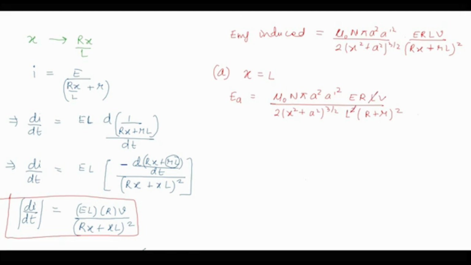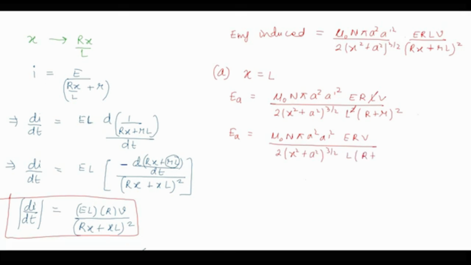On cancellation, we obtain that the EMF induced in this part is equal to mu naught n pi a square a dash square ERV upon twice of (x square plus a square) to the power 3 by 2 into L times (R plus R) whole square.